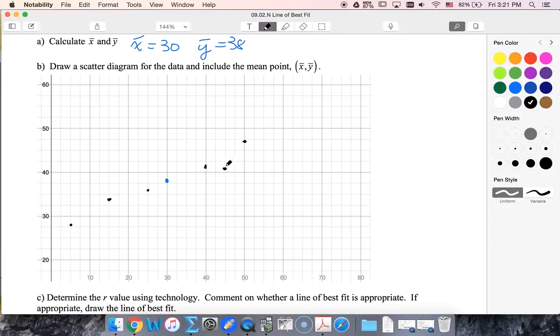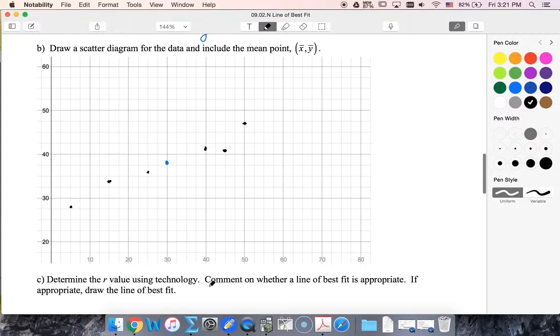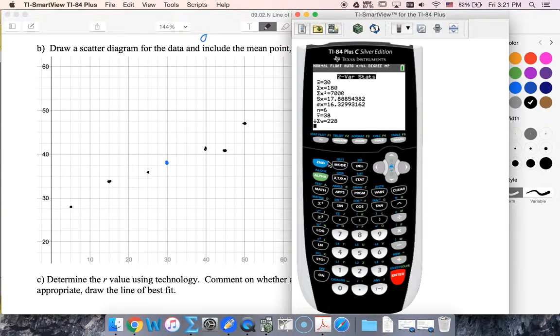All right, so now if I'm going to determine my R value using technology, okay, let's do that. So stat, calc, linear regression, list 1, list 2, and I might as well store the equation.